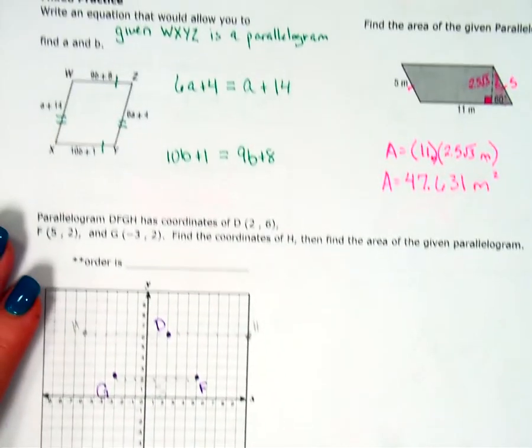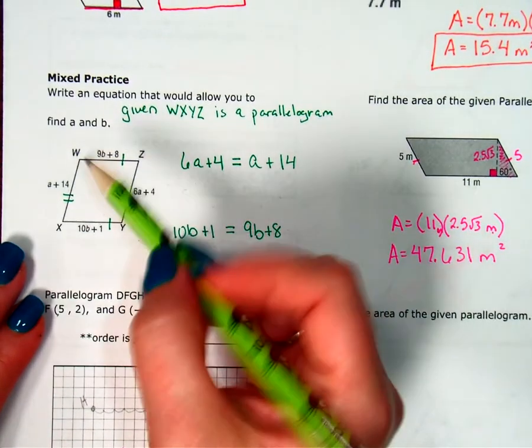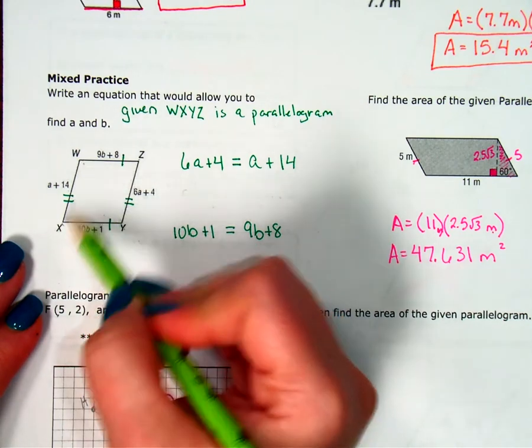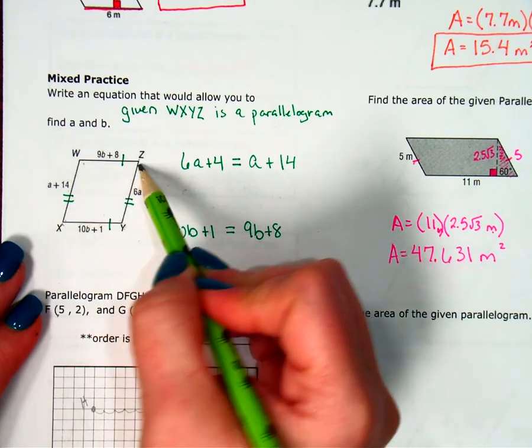Remember when I named the figure up here in the last one, I said I can call this WZYX, or I could call it WXYZ. WYZX is not an option. When you name a figure, we talked about it on the first day of notes, we cannot go diagonal.